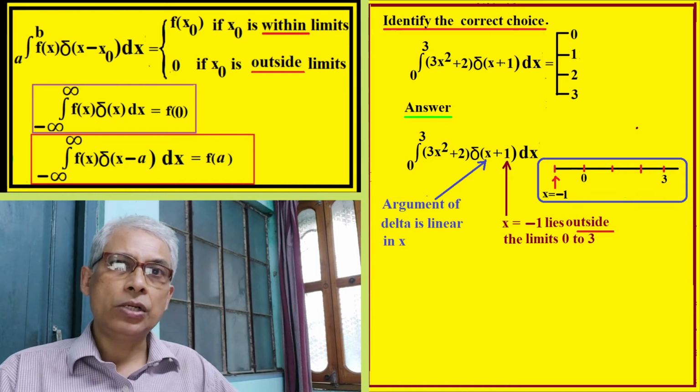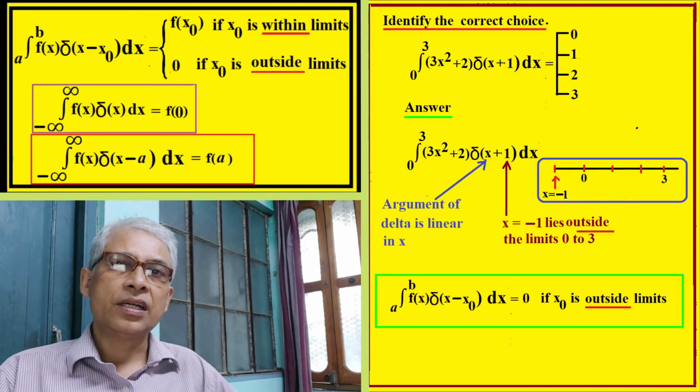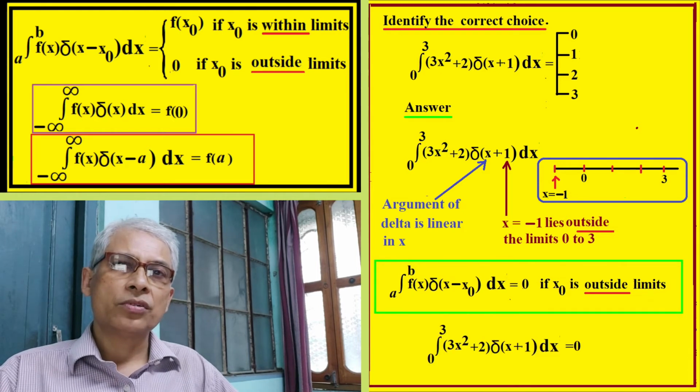It is an excluded point and Dirac delta has significance only at the excluded point x equal to minus 1, the point which is left out. Clearly, as the contributing point is excluded from the range of integration, the value of the integral will be 0. In fact, this is the formula we will use. Therefore, the value of the integral is 0.